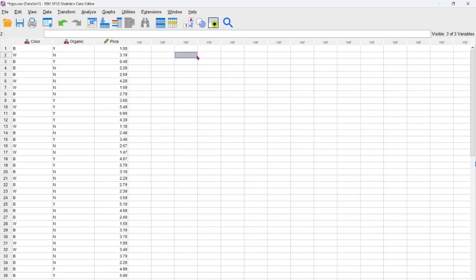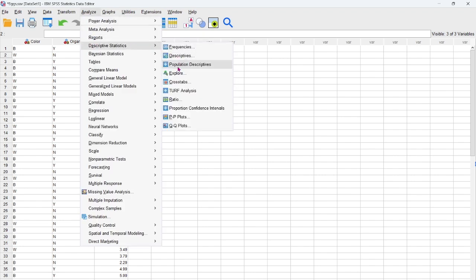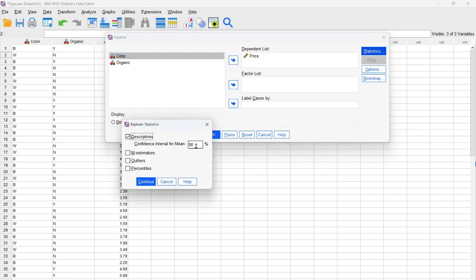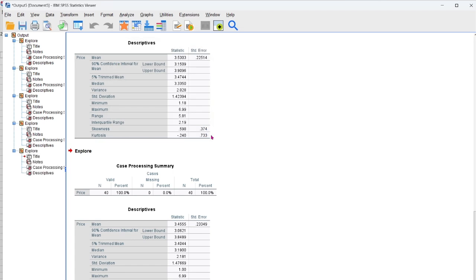Okay. So to do the other levels, you want to go under Analyze, Descriptive Stats, Explore, Statistics, and you want to adjust this to, in this case, 90%. Click Continue and OK. And this will give you your 90% interval down here, 3.06 to 3.4.